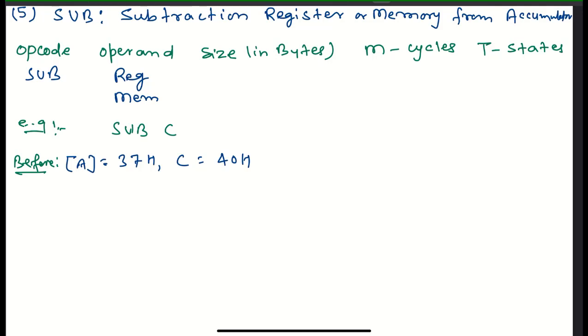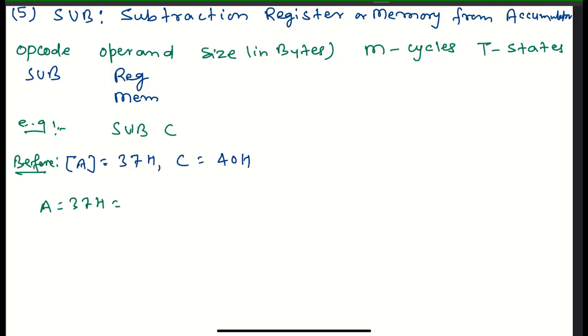This is the data I considered before execution of this instruction. Now how will it perform? It is going to use the 2's complement method to perform this subtraction operation, subtracting the C value from the accumulator. First, we write 37H as given for the accumulator.